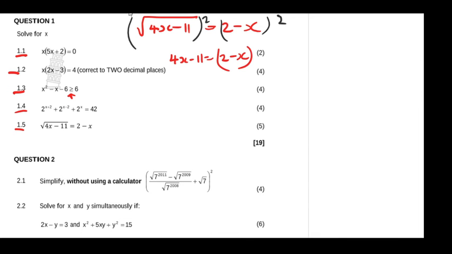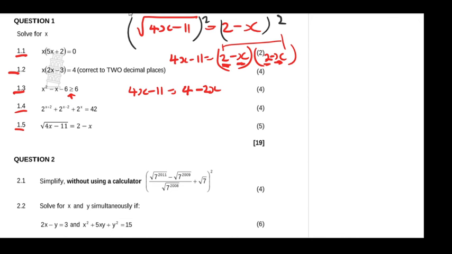So let me expand this. 2 minus x, so it's minus here. And then I'm just going to find the product of the entire thing here. So it's going to be 4x minus 11 is equal to, this 2 multiplied by this 2 is giving you 4. This 2 multiplied by this minus x is going to give us minus 2x.